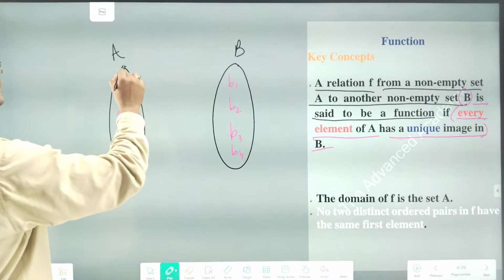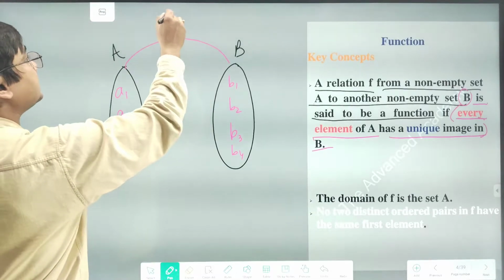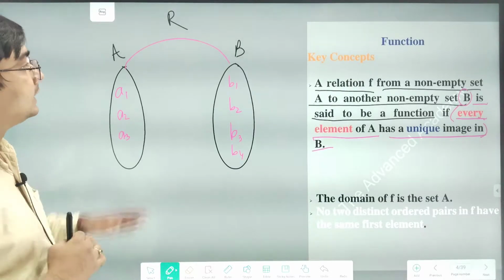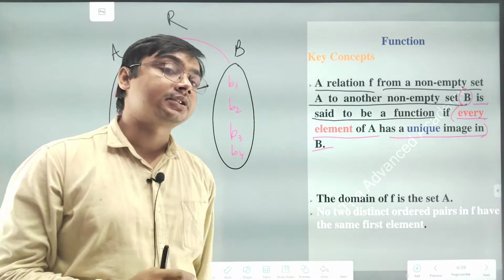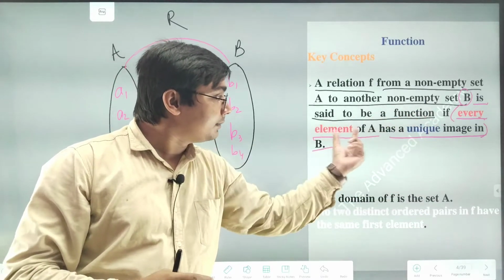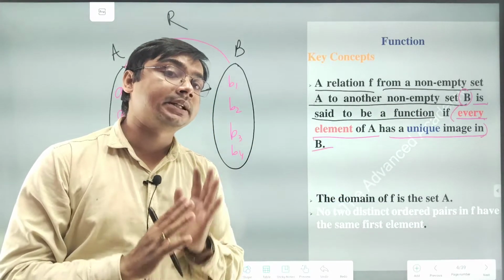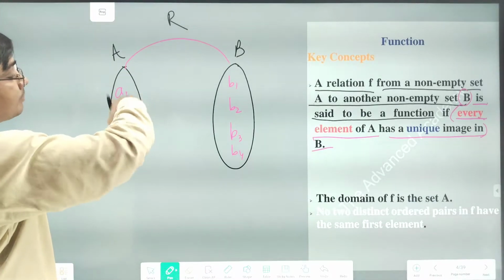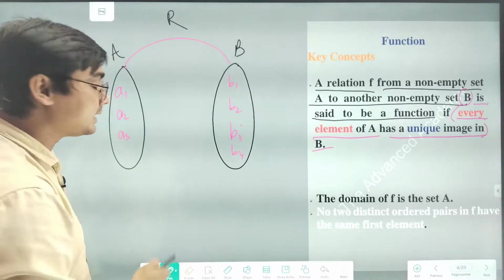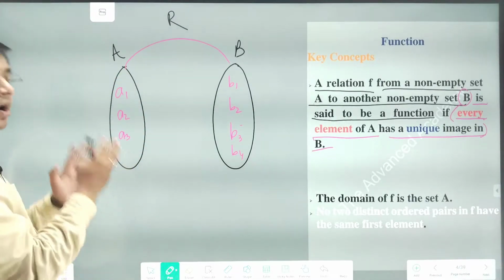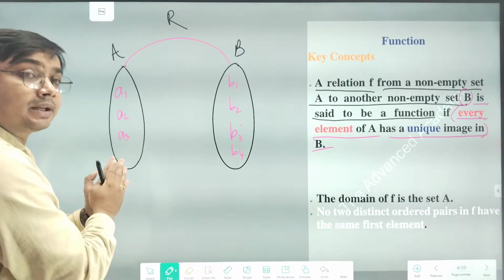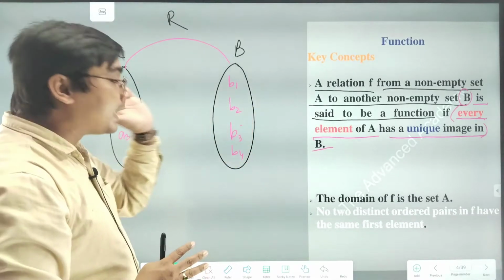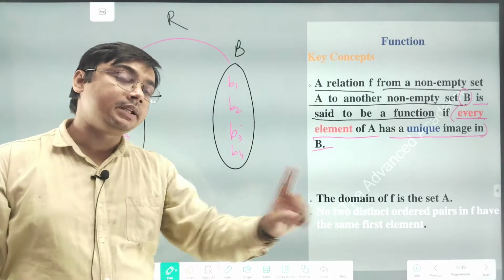Suppose R is a relation from A to B. Then this relation will be called a function if every element of A has a unique image in B. That means the first condition is that every element of the first set must be connected to some element of B. Yes, all the elements of the first set must be connected to some element of that set. Then only there will be an image, and that connection should be unique.